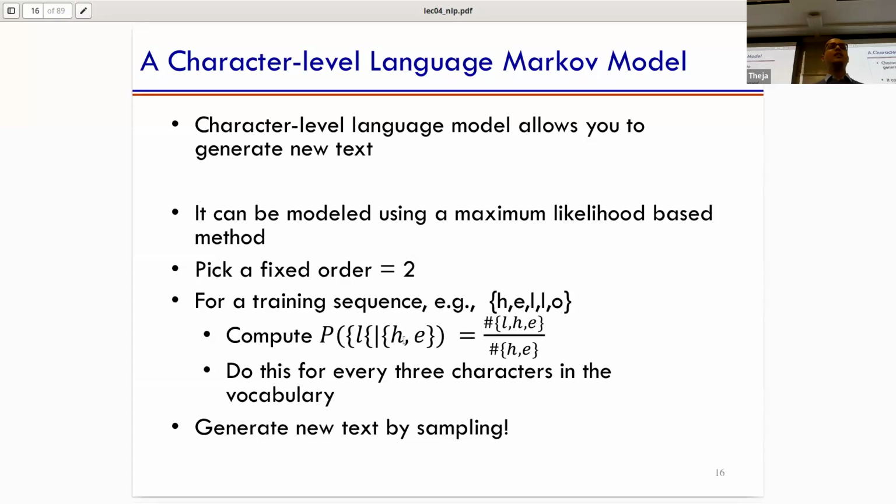Because once you have at least 2 characters that you choose, I think somebody was mentioning autocomplete last time. So let's say you choose 2 characters, let's say it is HE. Then all you're doing is going back to these estimates that you computed before and just flipping a coin, with that probability mass function, and then you get the next character.